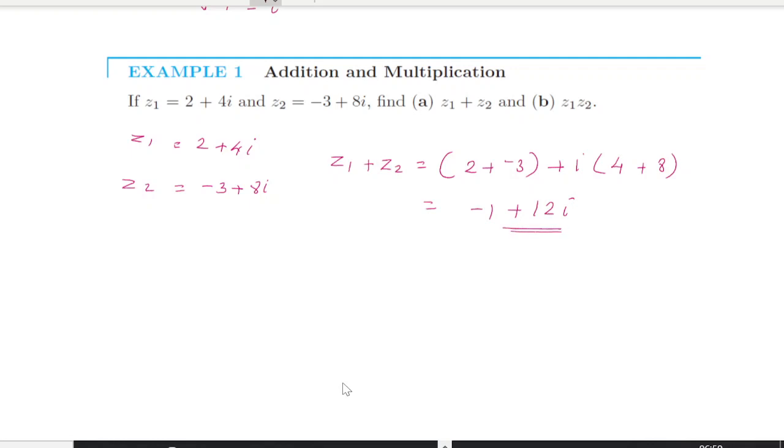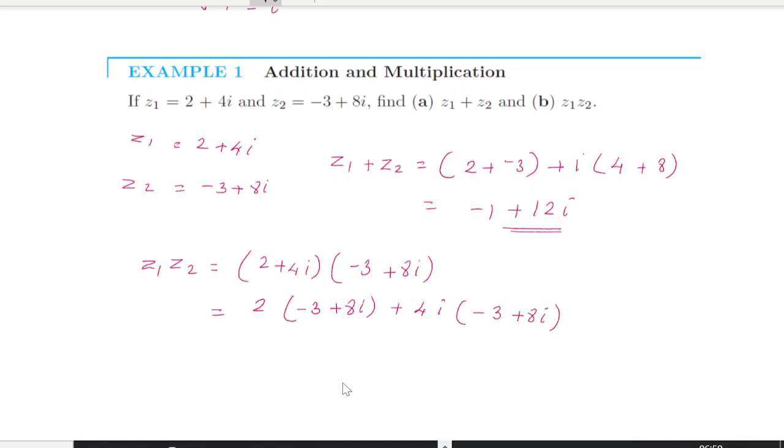Right. Now if you want to find z1 z2, z1 z2 is equal to 2 plus 4i into minus 3 plus 8i. You go for the distributive way. This can be written using distributive law as 2 into minus 3 plus 8i plus 4i into minus 3 plus 8i. Now go for distributing.